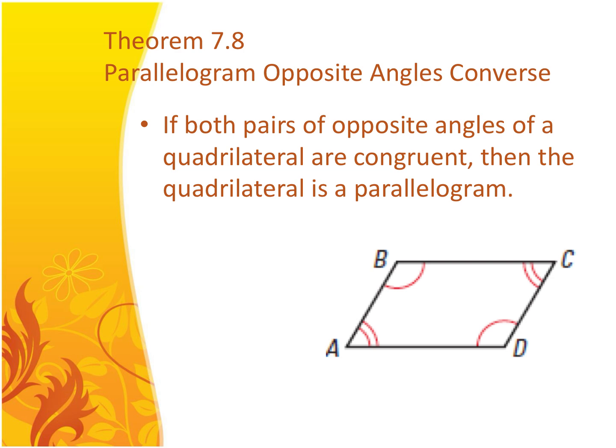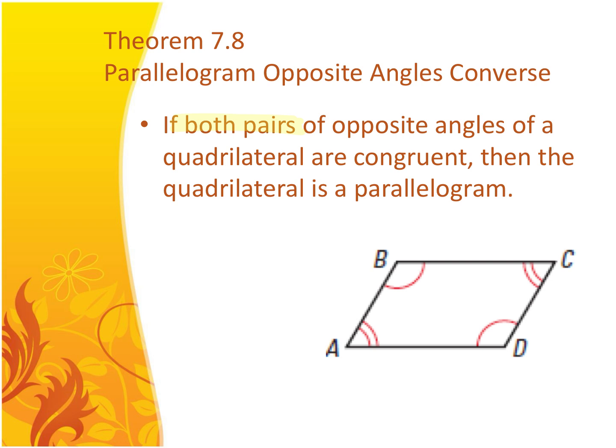All right, parallelogram, opposite angles, converse. If both pairs of opposite angles of a quadrilateral are congruent, then the quadrilateral is a parallelogram. I'm going to go ahead and write this one out.